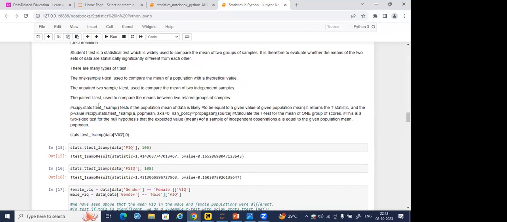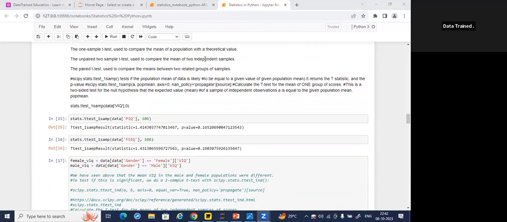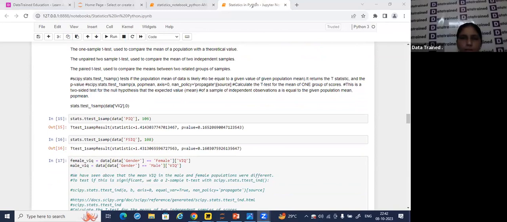Let's understand now. Suppose there is one column, PIQ, which you have seen above.